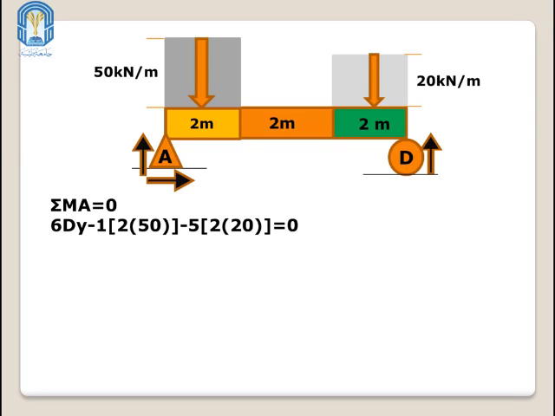Now let us see. It will be like this. The first centroid, 2 multiplied by 50, has a distance 1 from our pin A, and the second centroid has a distance 5, and as you see, it will be 2 multiplied by 50 because it's rectangular.